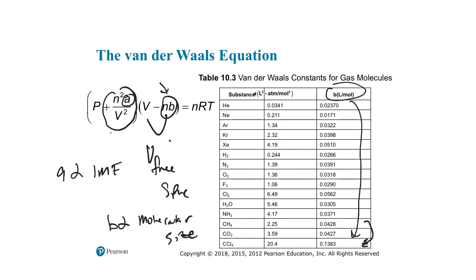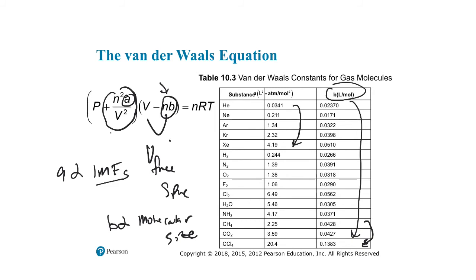IMF stands for intermolecular forces of attraction. And so for the value of a, none of these are negative, so none of these molecules are repelling each other. These molecules are all attractive to each other. And the value a is increasing as the substances grow larger. For substances that are similar, if you compare the noble gases, a goes up, if you will, linearly.